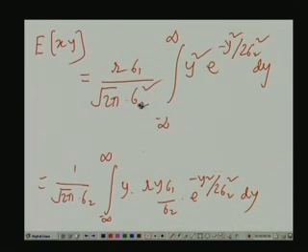Instead of calling it sigma 2 square, let me write it as sigma 2 times this.